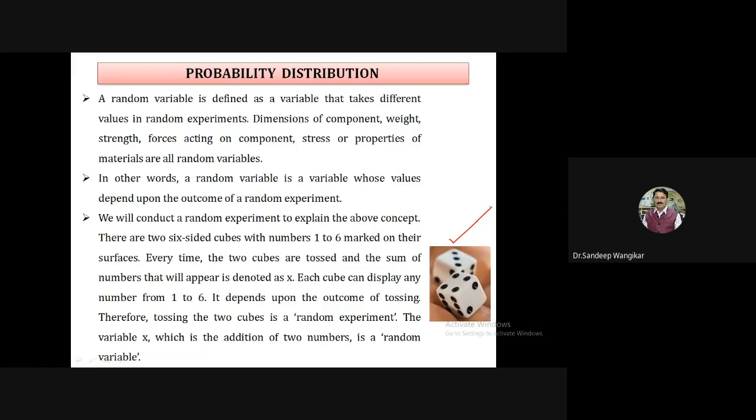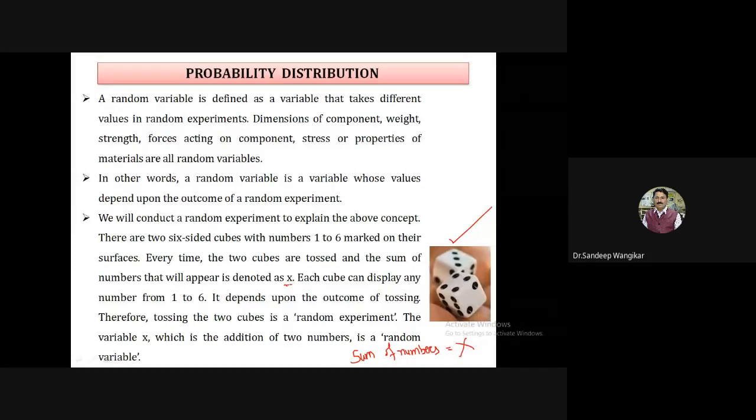1 dot to 6 dots means numbers 1 to 6 are marked on the surfaces. Every time two cubes are tossed, and the sum of the numbers that appear is noted as x. So very important, every time two cubes are tossed, the sum of numbers is written as x.